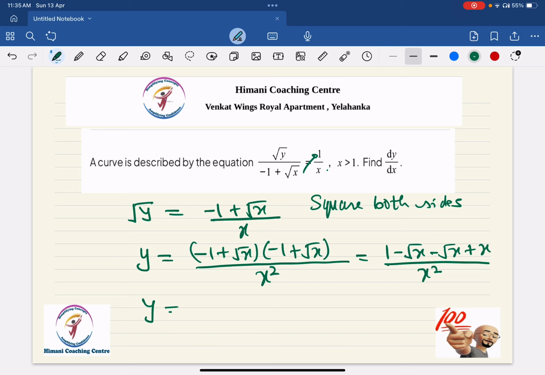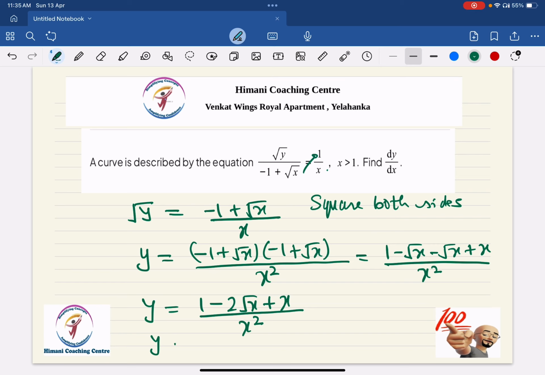So y is going to be what? 1 minus 2 root x plus x upon x square. Now we need to write these separately.